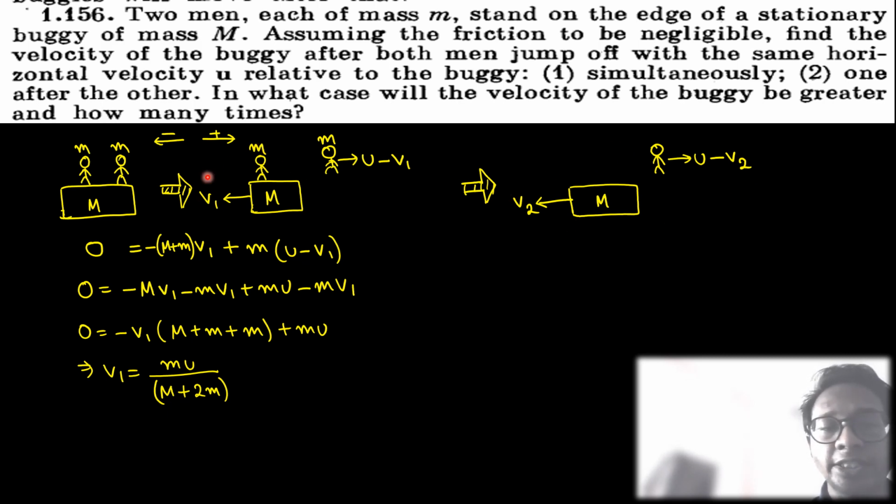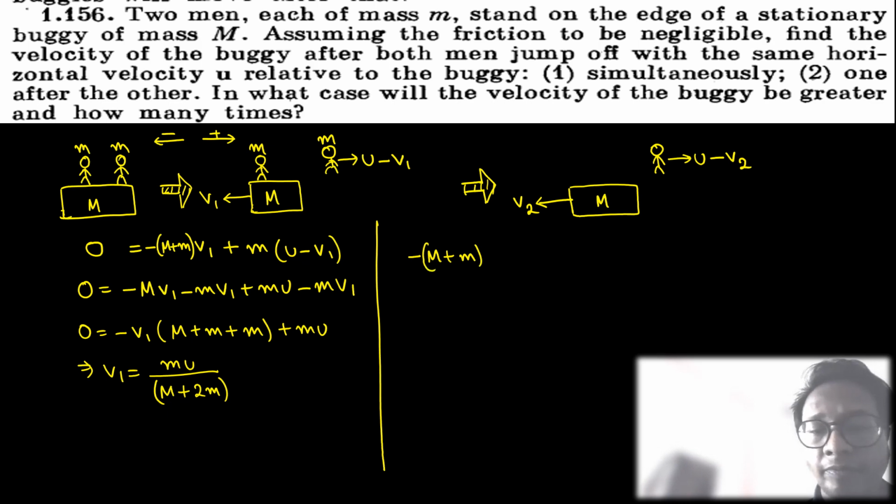So initial momentum of this body and final momentum of this body will be the same because there are no external forces in this direction. Let me write the equation. What is initial momentum? Minus (M plus m) into v1. Why minus v1? Because v1 is in the negative direction.